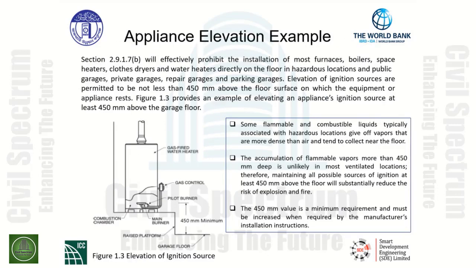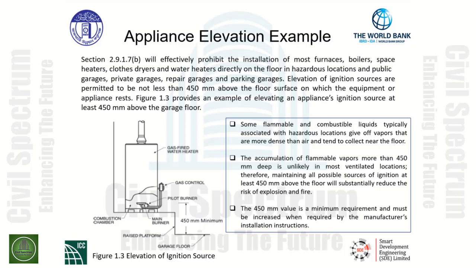As an example, the elevation of an appliance in a garage is indicated in Figure 1.3. This provides an example of elevating an appliance's ignition source at least 450 millimeters above the garage floor.